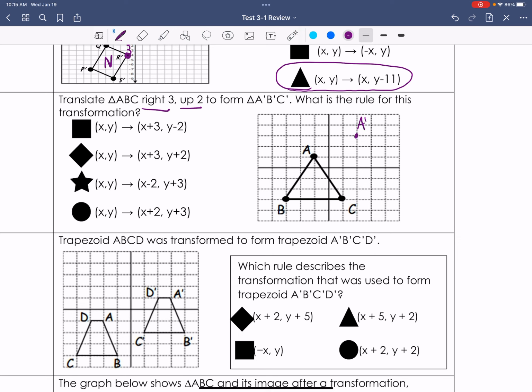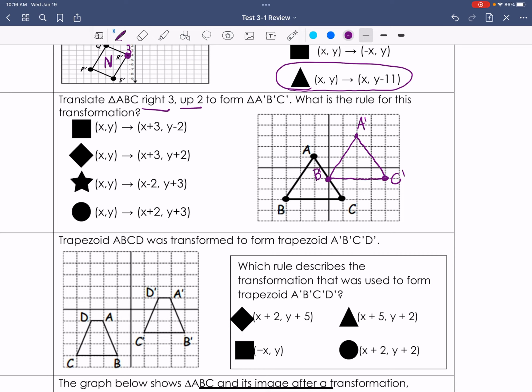I do the same thing with B. Again, I'm going 1, 2, 3 to the right, up 1, 2. Here I'm going to have B prime. For my next point, C, I'm going 1, 2, 3 to the right and up 1, 2. This is going to make C prime. Then I'll just go ahead and connect my dots.